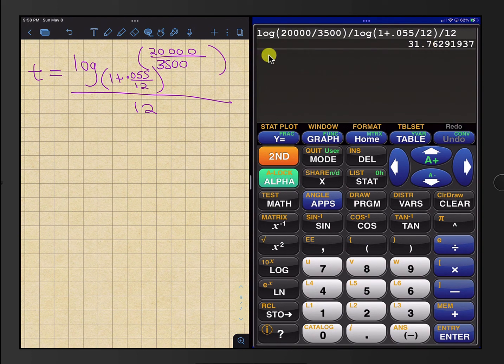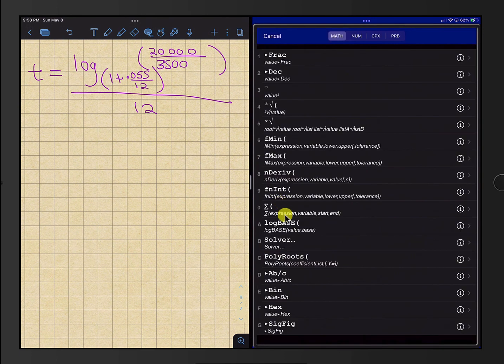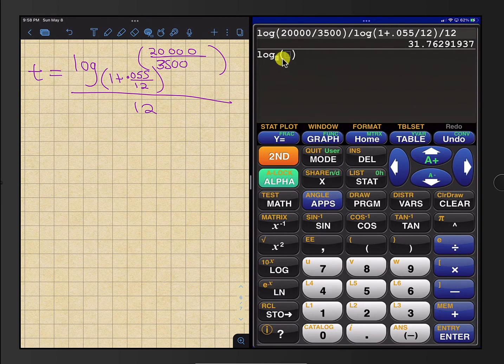Now let's double check it by typing it in the other way, which is going into the math menu, going down to log base, and typing in the base, which is this 1 plus 0.055 over 12. All right, got that typed in. Now we'll go inside the parentheses and type in this other fraction.